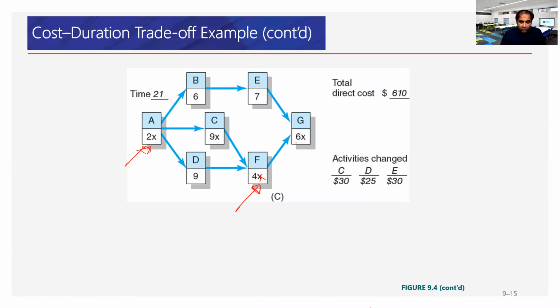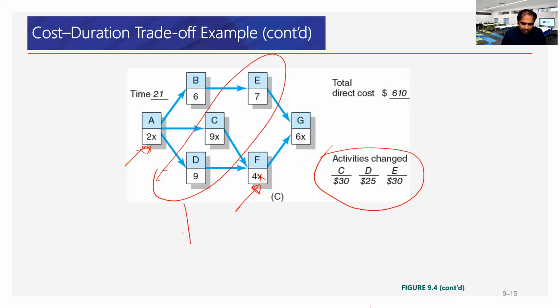Okay, so the next move is, if we want to reduce it, we need to change CDF, CDE, all 3 activities all at once. If we want a single unit of reduction in the total project duration, we must focus on CDE. CDE, all three should be reduced.